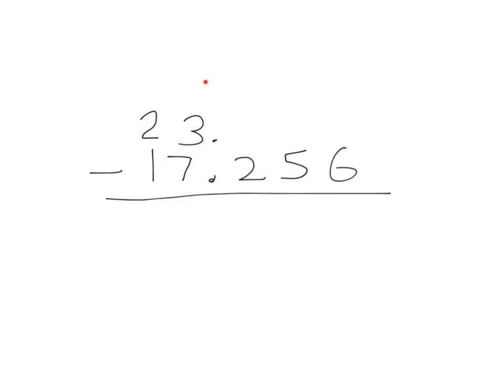So this last example I've just made up here, I've included just to really drive home this point that we have 23 minus 17 and a bit. You can't just say, oh, there's nothing above it, so I'm just going to put a 6 down here. No, that is wrong.